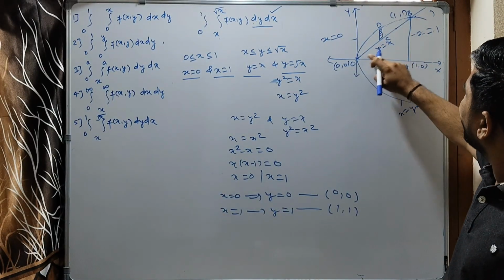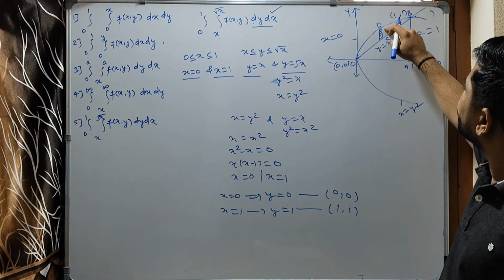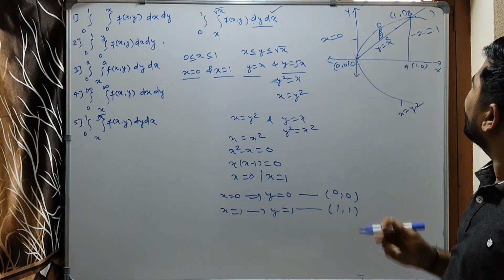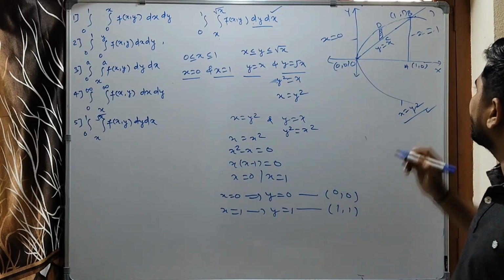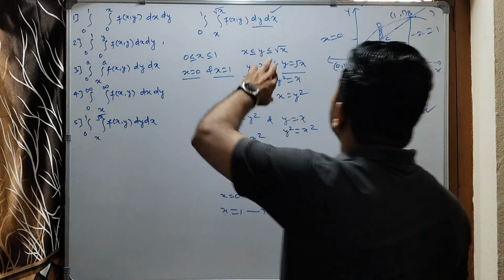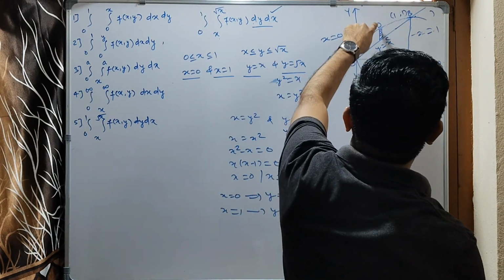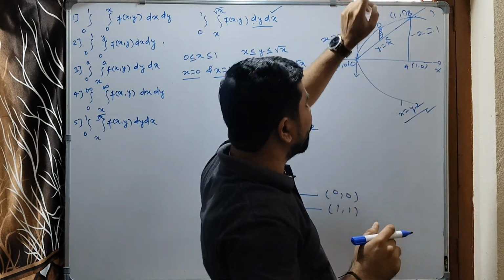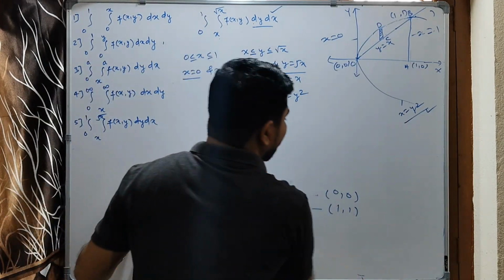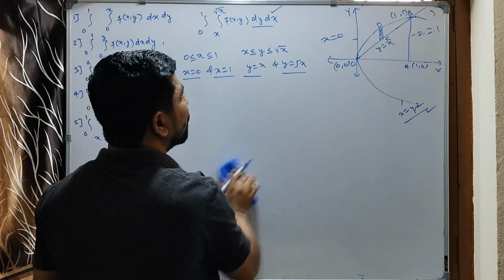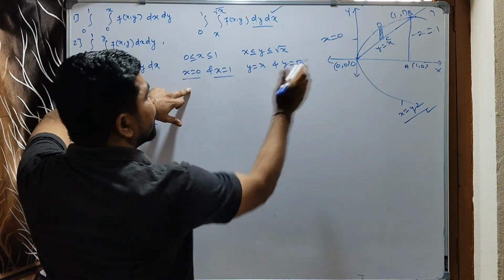It starts on this line y equal to x and terminates on this parabola y equal to root x, or we can say x equal to y square. So the value of y goes from y equal to x to y equal to root x. Here we are in the first quadrant. Now I will write the limits of x and the limits of y.